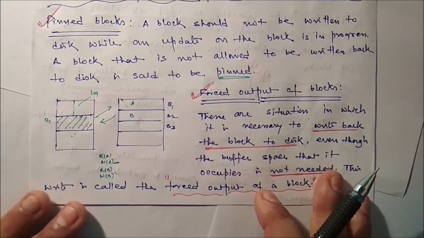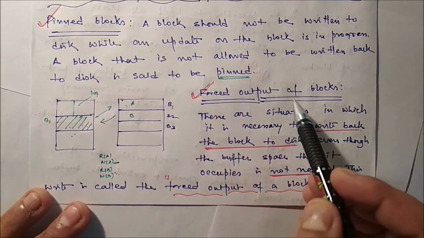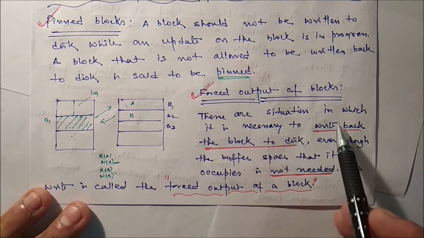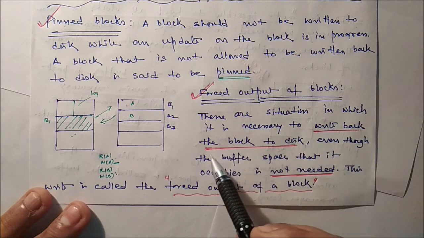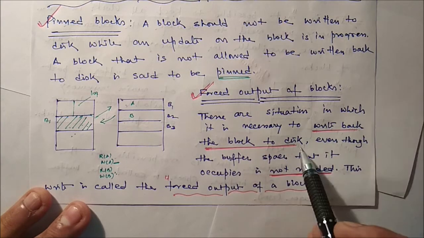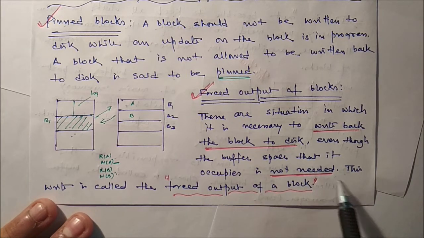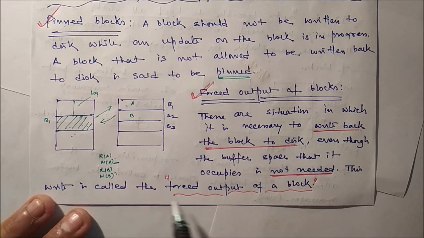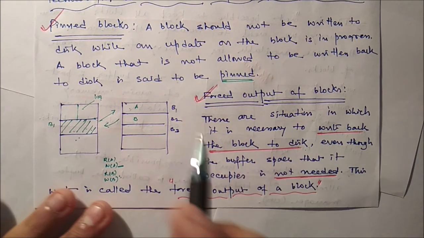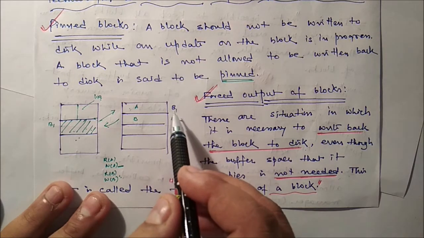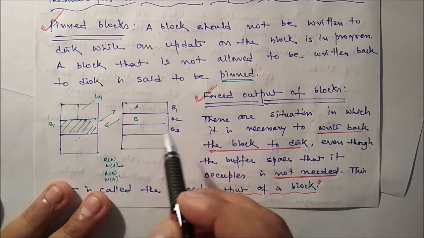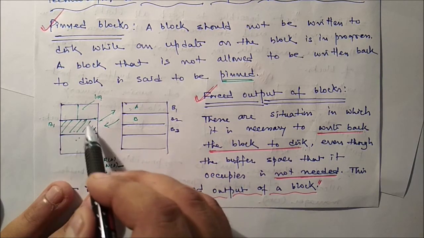One more concept is the forced output of blocks. These are situations in which it is necessary to write a block back to disk even though the buffer space it occupies is not needed. This write is called the forced output of a block. Here we have three blocks, B1, B2 and B3, but the buffer can accommodate only one block.